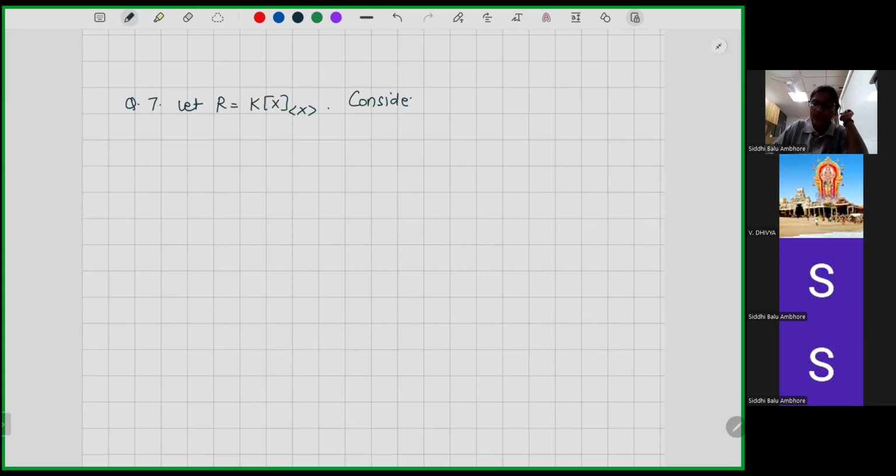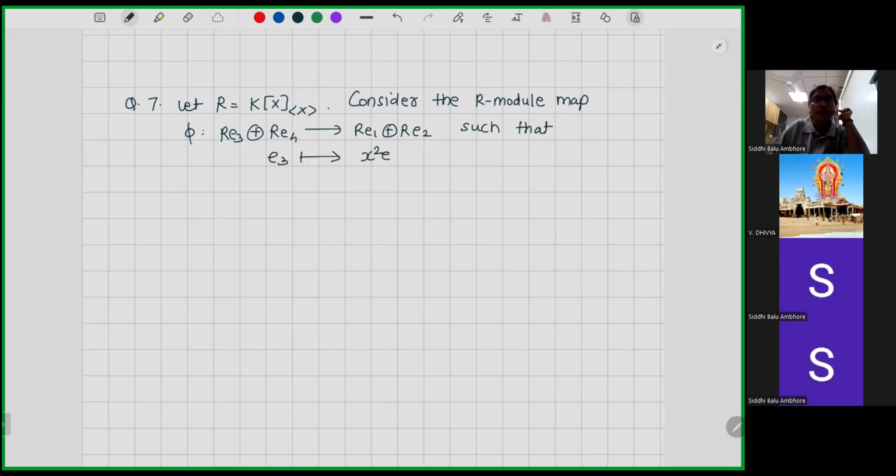And now consider the R-module map phi from R e3 direct sum R e4 going to R e1 direct sum R e2, such that e3 goes to x square e1 and e4 goes to x e1 plus x square e2.